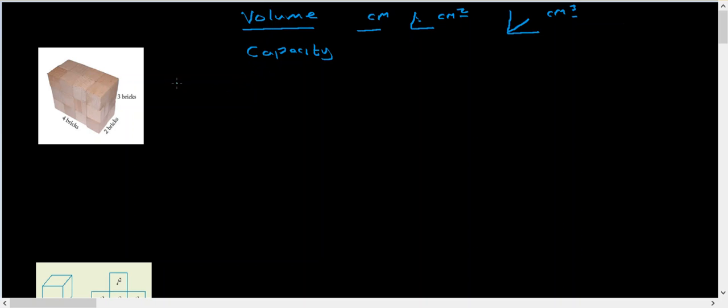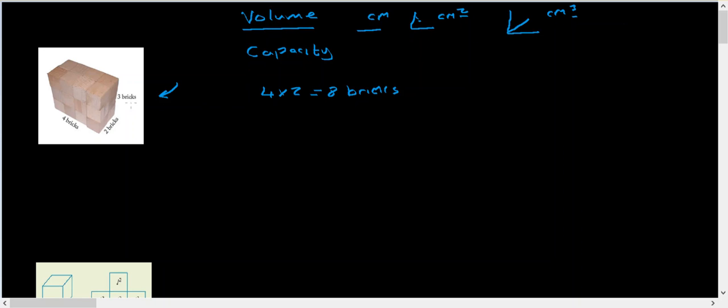So if we have a look here, we have a small tower that's made of cubic bricks. The bottom layer contains 4 bricks by 2 bricks. So it's 4 multiplied by 2, which gives 8 bricks.